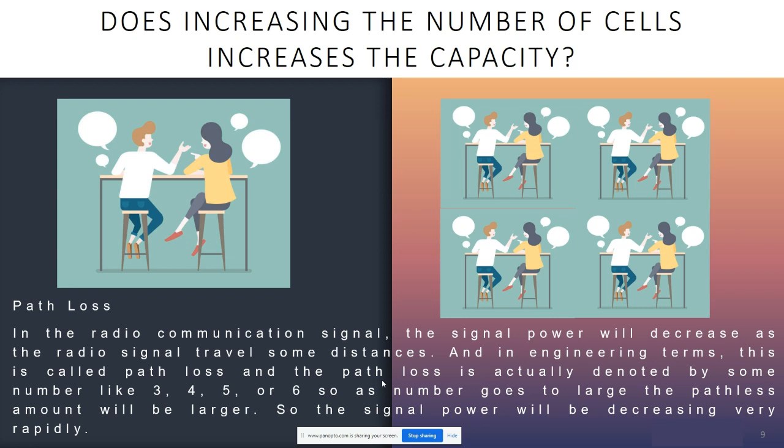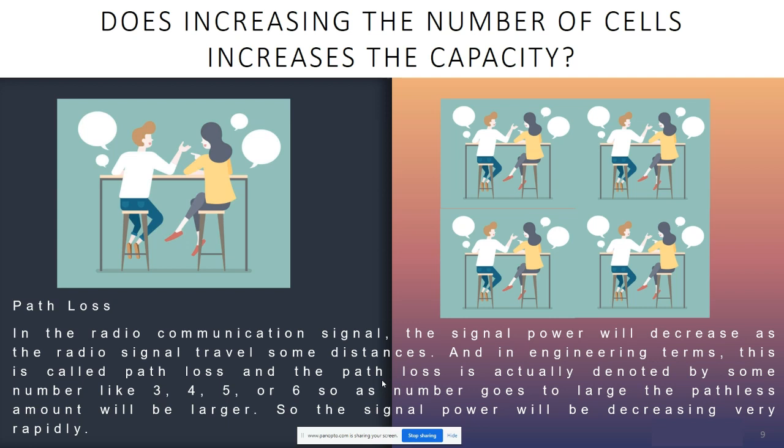The path loss is actually denoted by some number like 3, 4, 5, or 6. As the number becomes larger, the path loss will be larger, so the signal power will be decreasing very rapidly. So in the cellular radio system, as path loss becomes large, interference will perhaps be small.